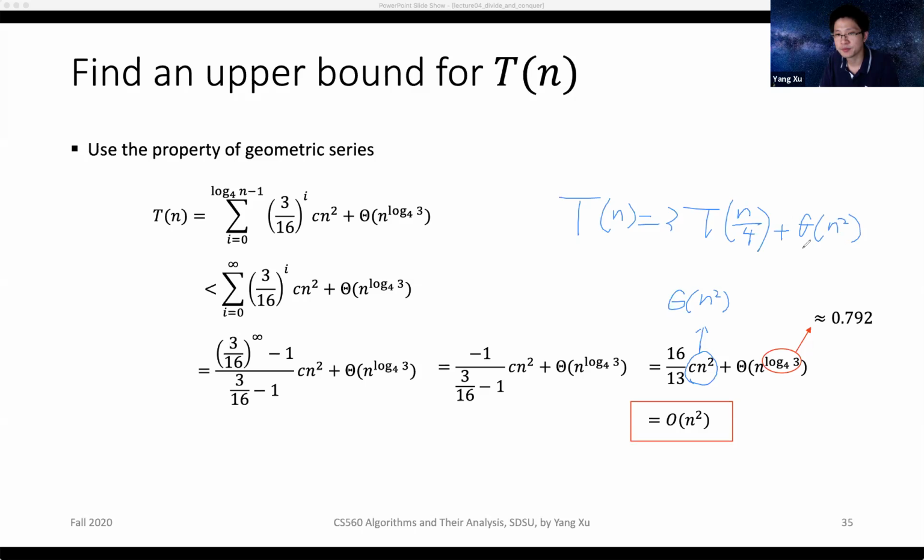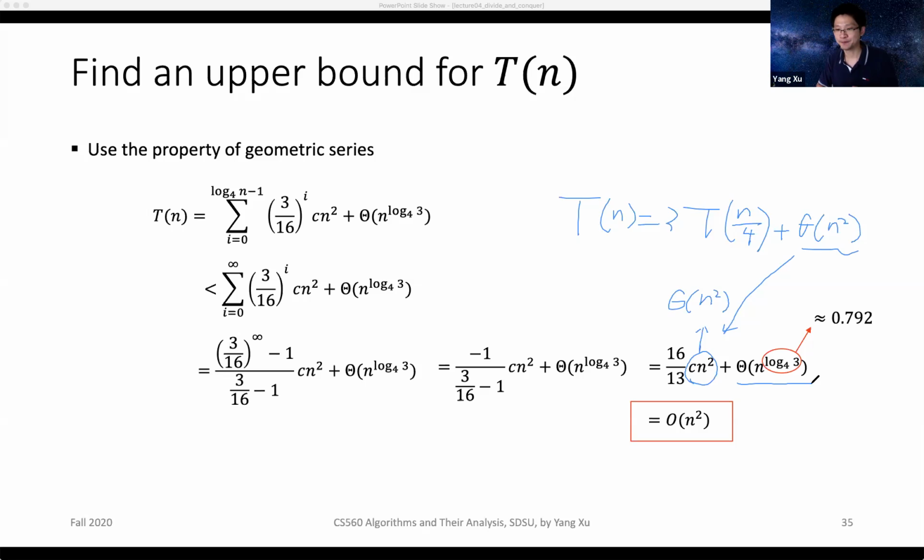And this big theta cost actually exists in the form of this term, finally, okay? And this is the cost related to the splits and the combining steps, okay? While this lower order term is basically the cost of solving all the smallest subproblems, okay?